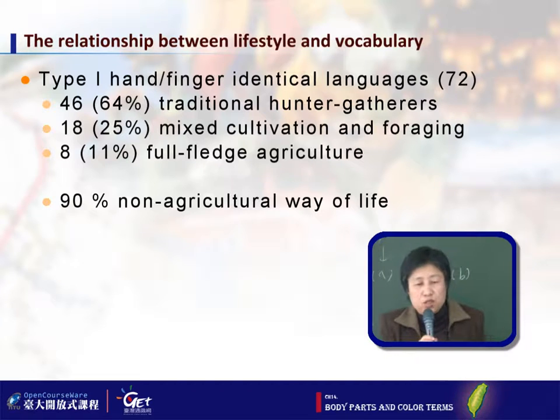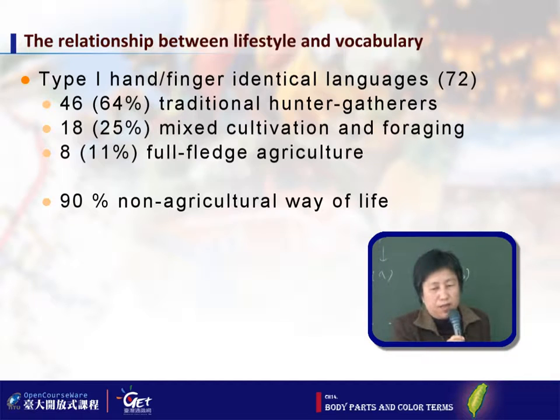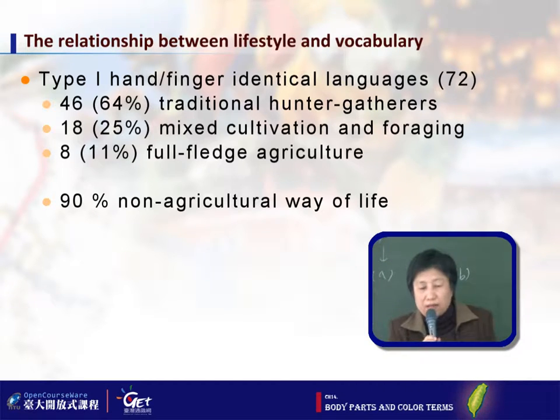Remember we have 72 languages that have type 1, where hand and finger are identical. And 46 of them, that's 64%, more than half of the languages, belong to traditional hunter-gatherer society. So their livelihood depends on hunting and gathering.